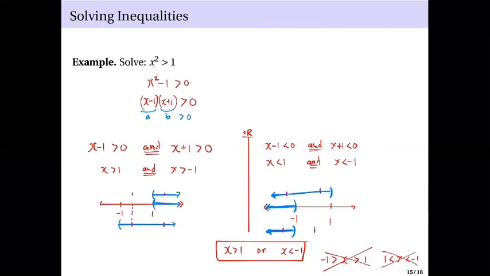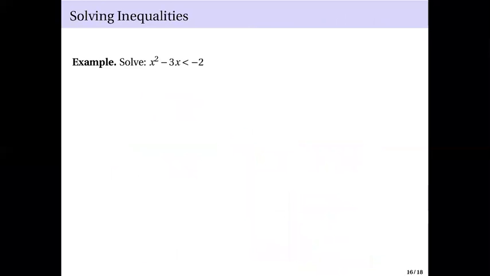Okay. So for our last example here, we have x squared minus 3x less than -2. So just like before, we put everything on one side of the inequality and compare it with 0. So we move -2 from the right hand side to the left hand side.